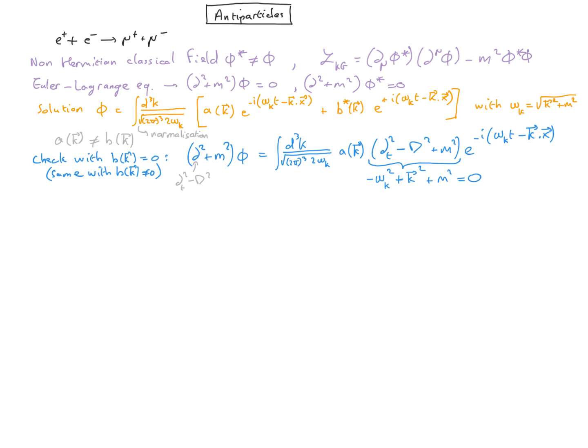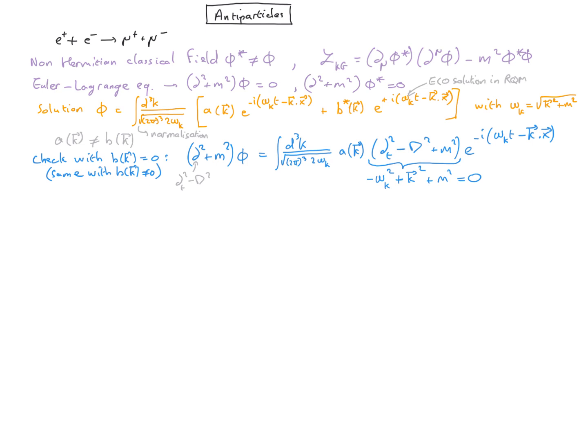So the energy is defined as minus the time frequency for a plane wave. However, in the second term we see that we have a plus i omega_k t, and omega_k is positive. Therefore, this second term corresponds to a negative energy solution in the interpretation of relativistic quantum mechanics.